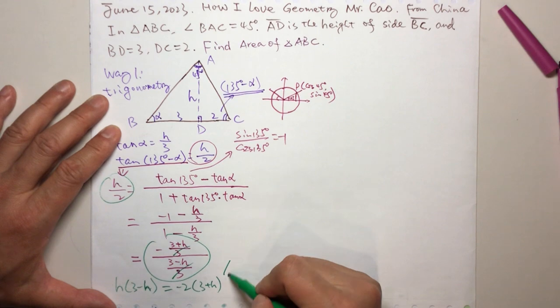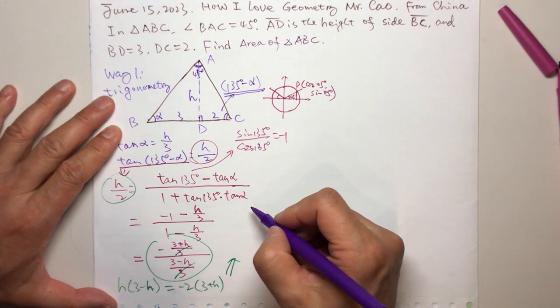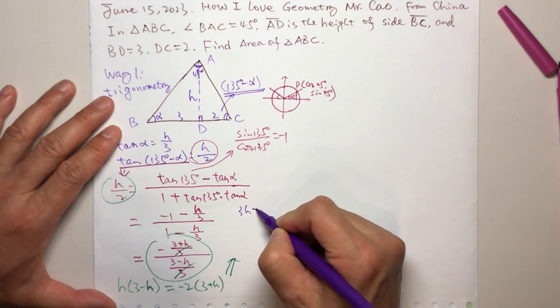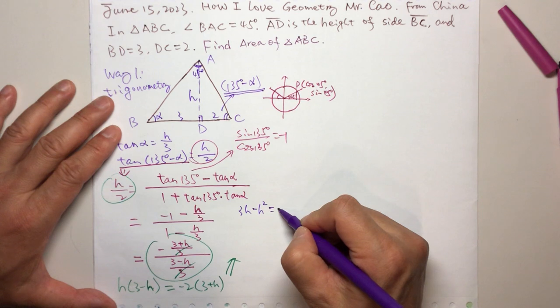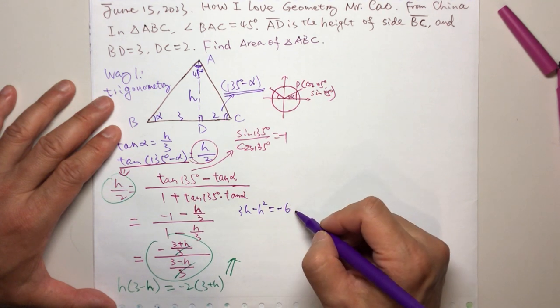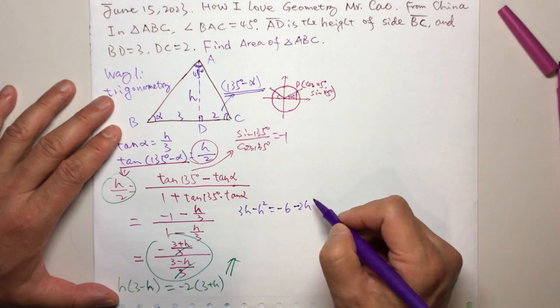So 3h minus h squared equals -6 minus 2h.